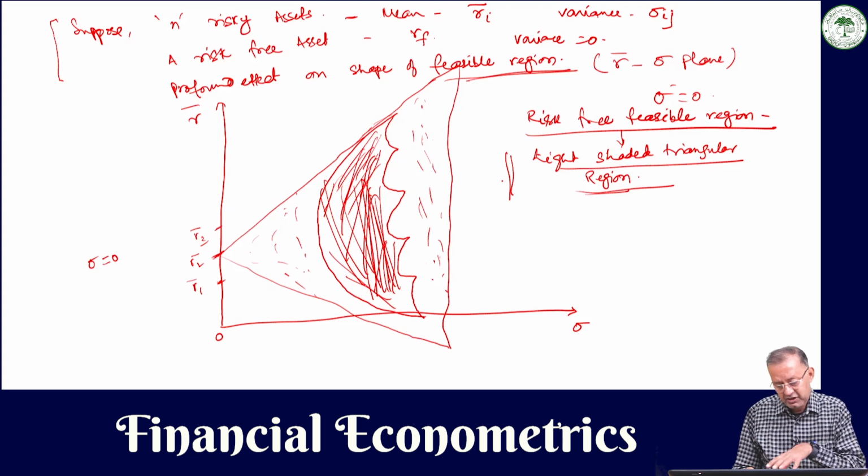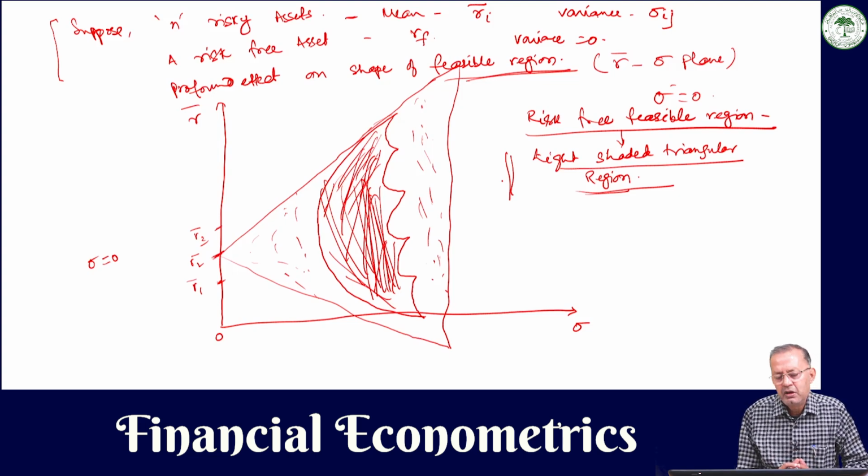Now it is on the basis of this that we are in a position to write down the statement of one-fund theory. So what is the basic concept of one-fund theory? That investment is being made in one risky asset and another risk-free or interest-bearing asset.